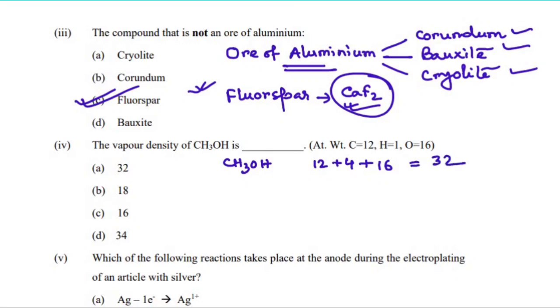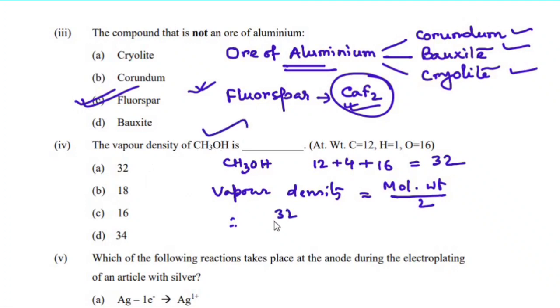As we know, vapor density is half of molecular weight, that is molecular weight by 2. Therefore the vapor density of CH3OH will be 32 by 2, that is 16. The answer will be option C. Let us move to the next question.